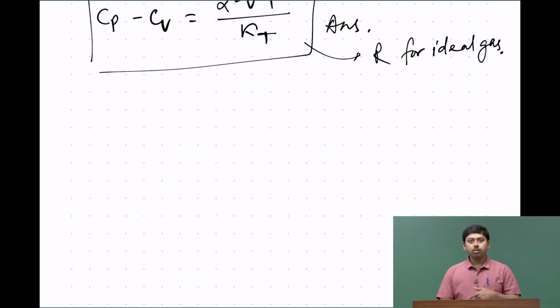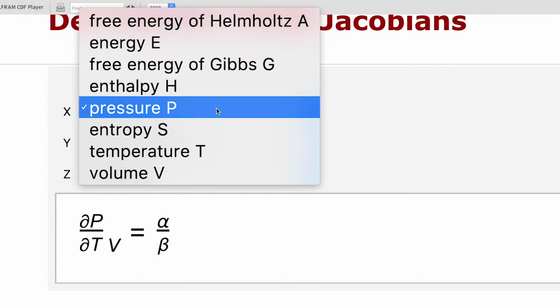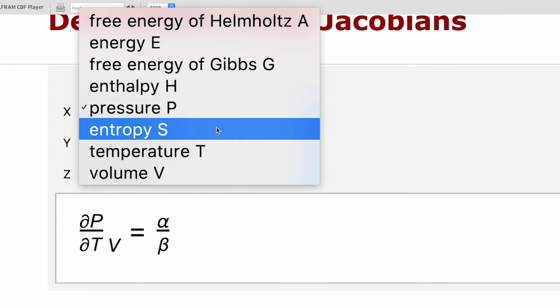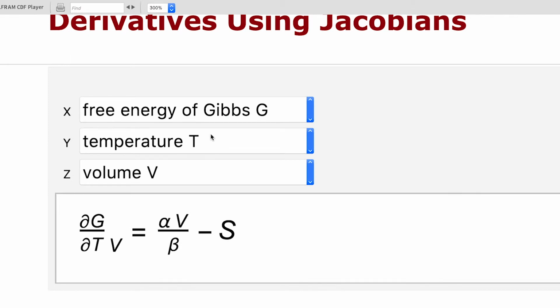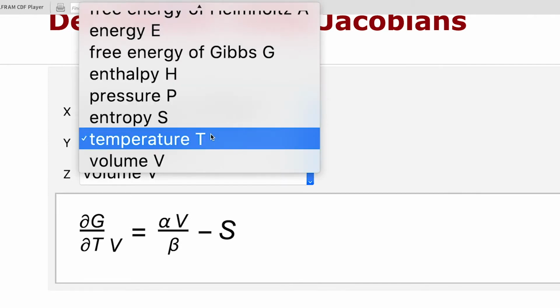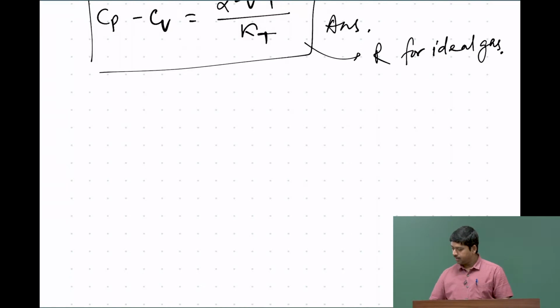Now, we can do one more, which is shown in the Mathematica. Let us go back. So, let us do this one. Let us do del G by del H at a constant V. So, shall we get that particular answer or not? Let us try.